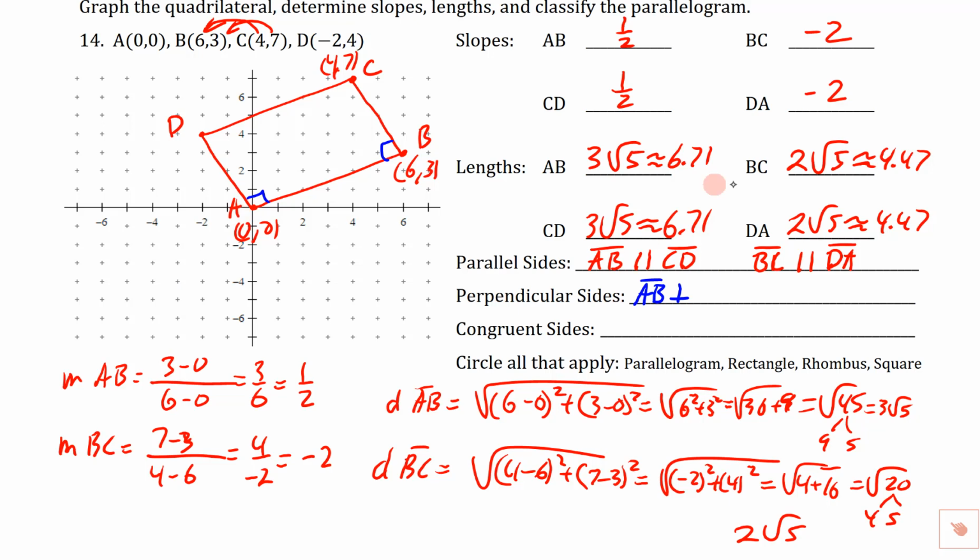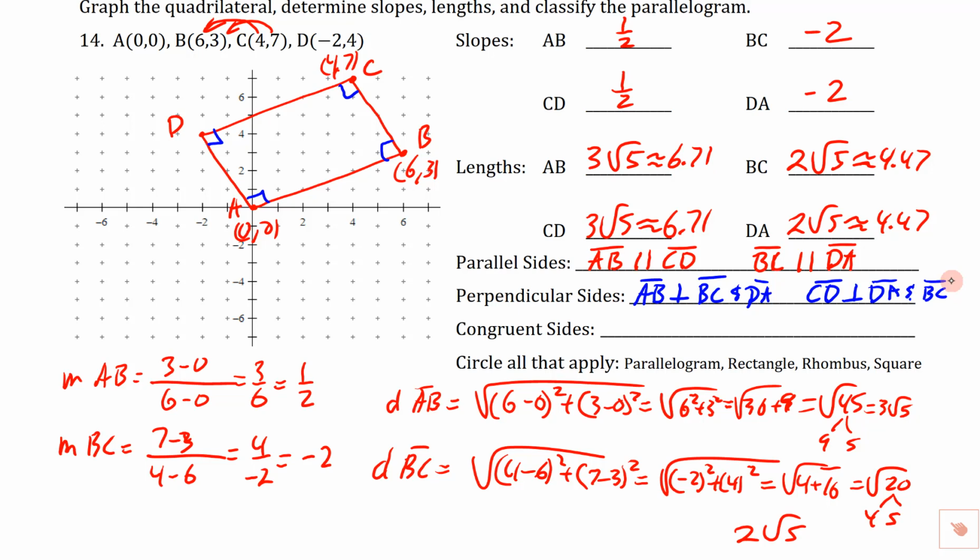The other two are BC, and it's also perpendicular to DA. And then we'll do CD, that one on the top. It's perpendicular to DA, and it's also perpendicular to BC. So we'll go ahead and write it like that.